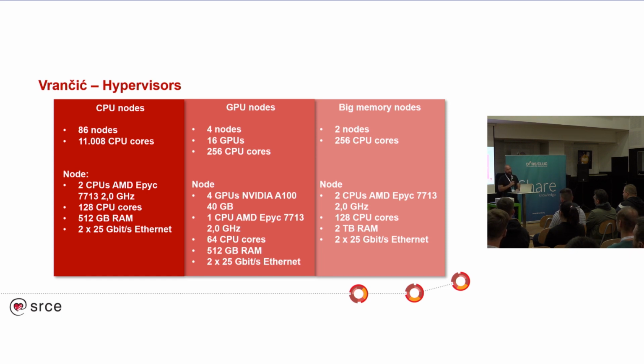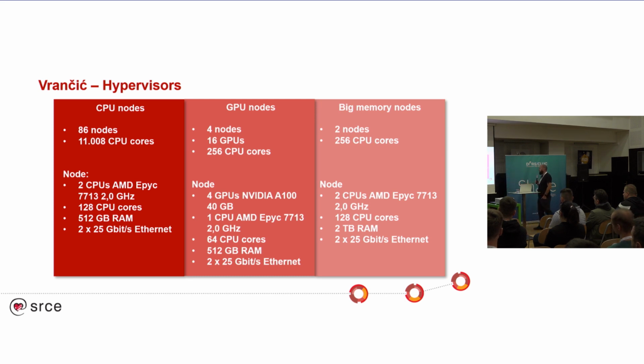At this point, we switched off multi-threading because it complicates things, but we might switch it on for some nodes if people actually require it. Then the GPU nodes, altogether 16 NVIDIA A100 with 40 gigabytes of RAM on the GPU card, and the machine itself has the same amount of RAM as the CPU nodes.